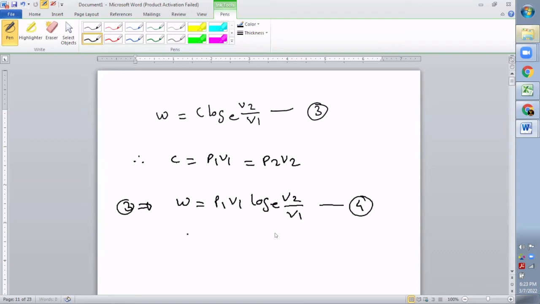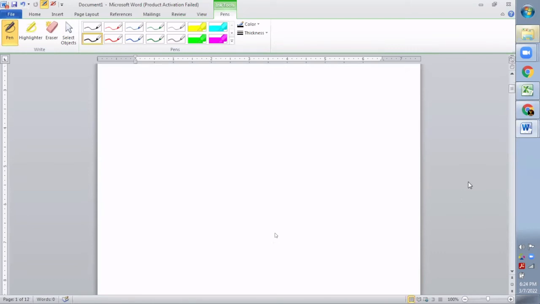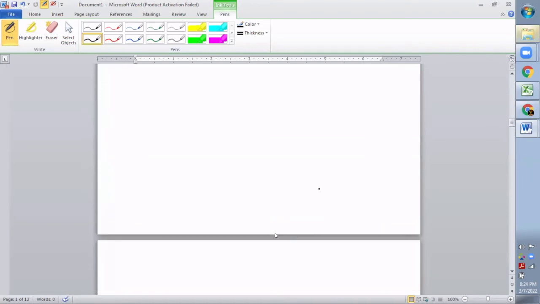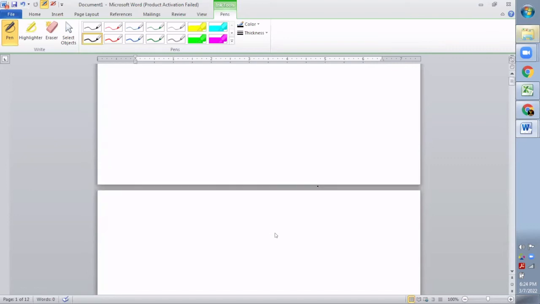This is our equation number 4, or W is equal to P2 V2 log to the base e V2 by V1. This is equation number 5.